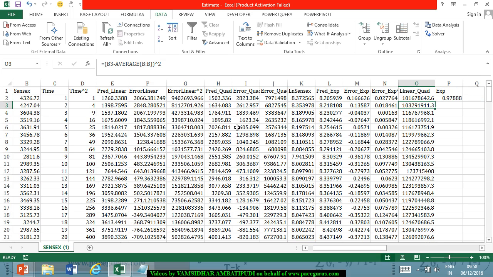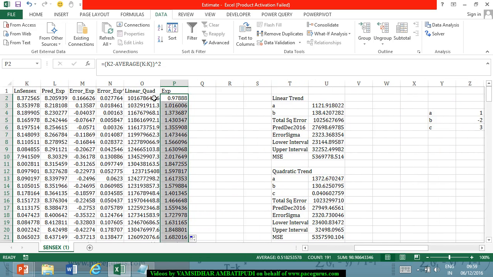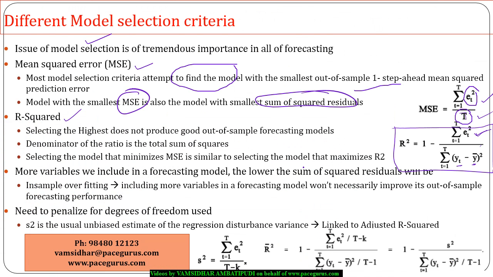I want this value in the denominator. So I can take the total. When I'm taking this total, it is what is typically called the total sum of squares, TSS.